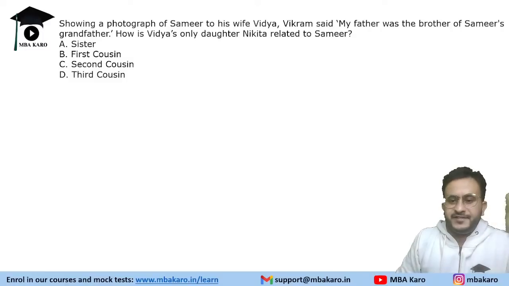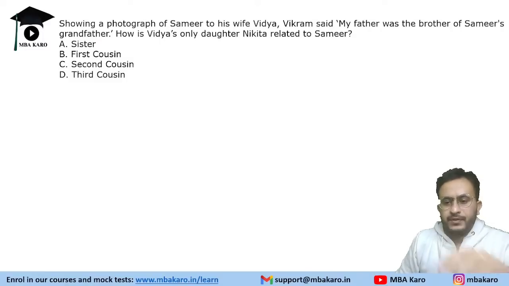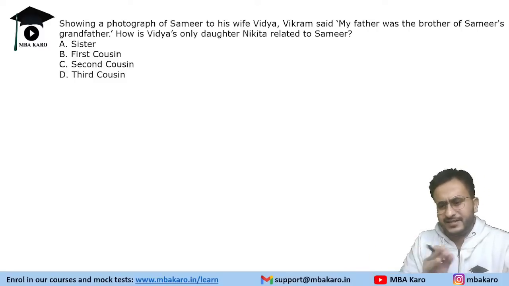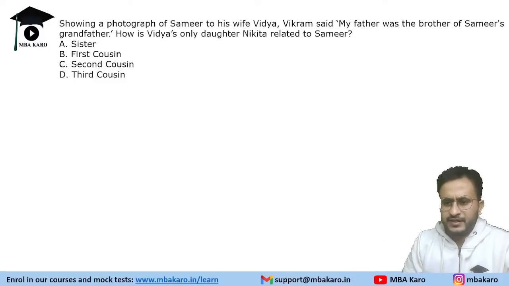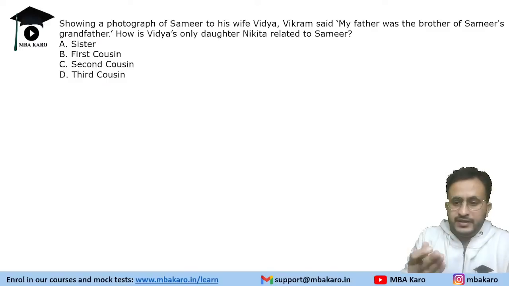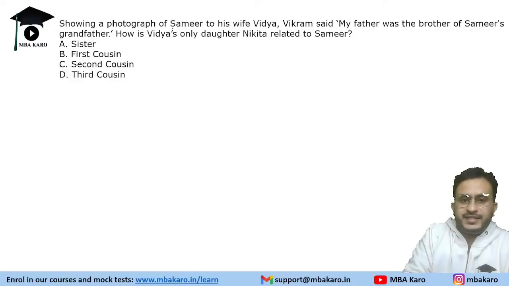So do you know what is first cousin, second cousin? They do not use the word first cousin. It is simply written as cousin, right? So let us understand this family tree. There is a person Samir, right? The person to his wife Vidya, Vikram said.